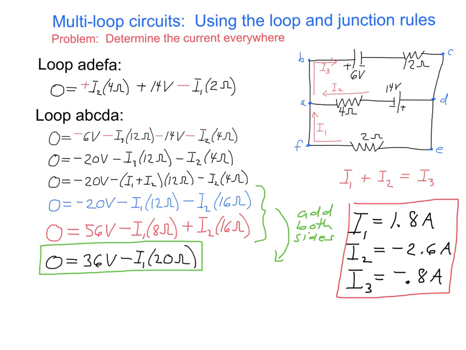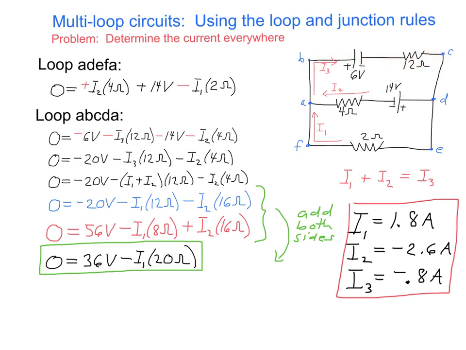So instead of having a current flowing this way, we actually have a current flowing in this middle branch from left to right of 2.6 amps. I3 also came out negative, negative 0.8 amps. So instead of a current flowing this way, we actually have 0.8 amps flowing from right to left in the top branch.